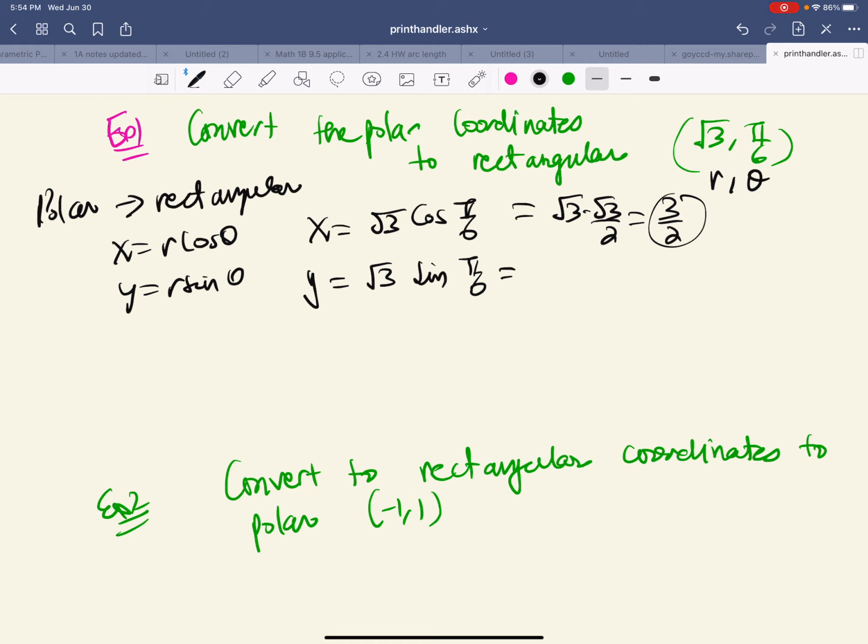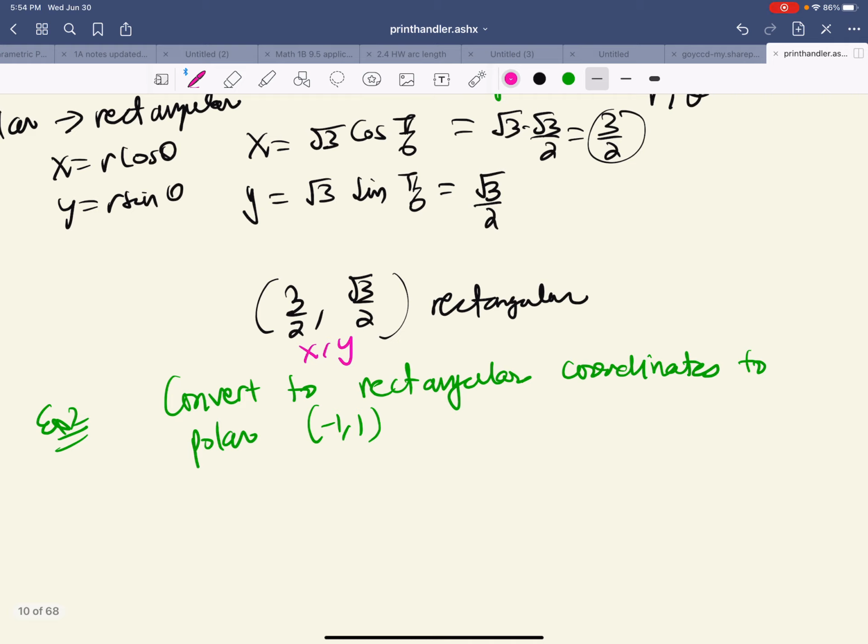So root 3 times 1/2 is root 3 over 2. My coordinates here turn out to be 3/2, comma, root 3 over 2. That's my x coordinate and y coordinate, and these are rectangular coordinates, so they can be plotted on the xy plane.